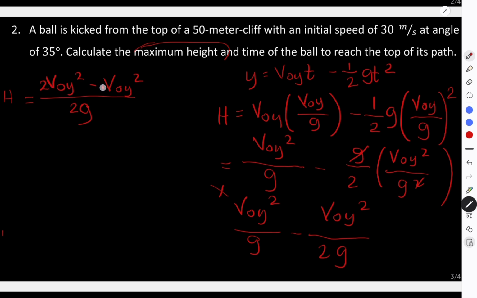So there is 1 here, there is 1. So it's just 2 minus 1, and 2 minus 1 is just 1. Then it means 1 times here. We can just simply write it down as initial velocity in y squared over 2g. That is your maximum height.